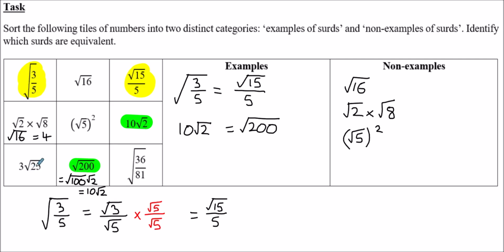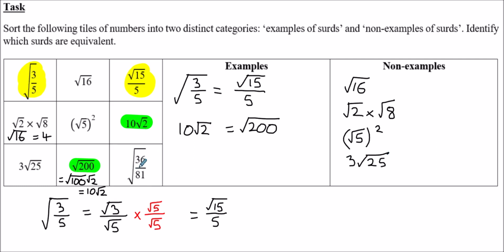Well, here we have root 25. Root 25 is 5, and so this would equal 3 times 5, which is 15, which is a rational natural number, certainly not a surd. And so 3 root 25 is certainly not a surd.